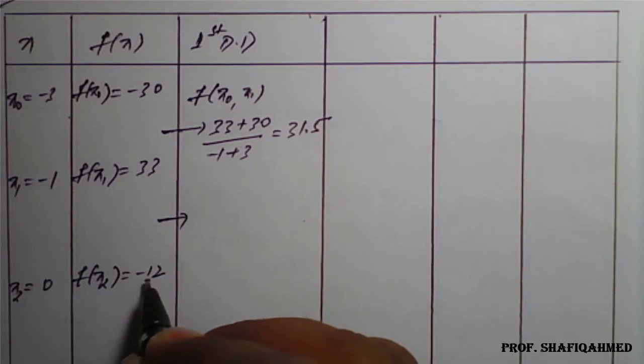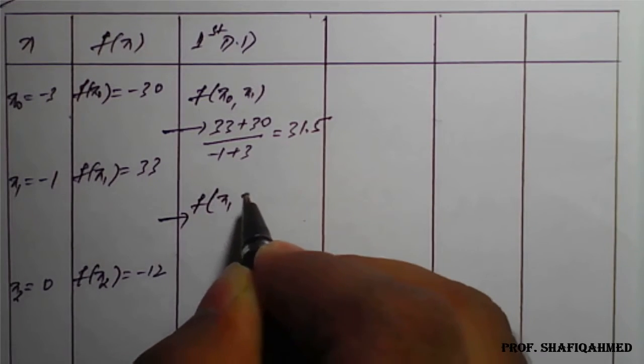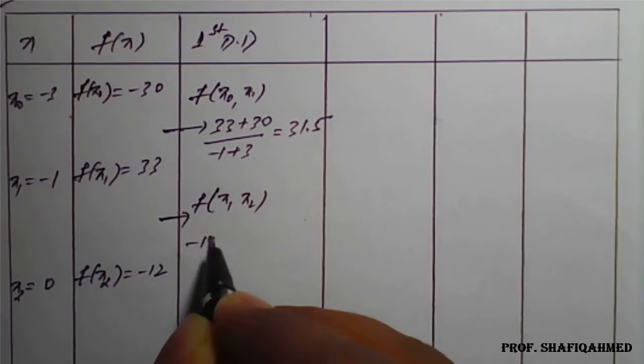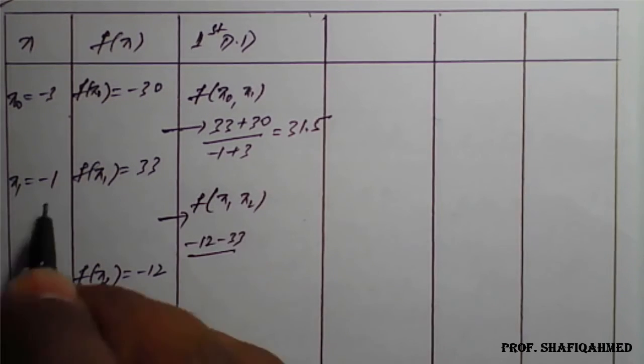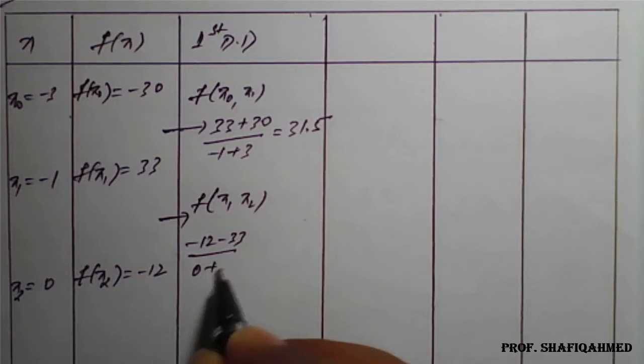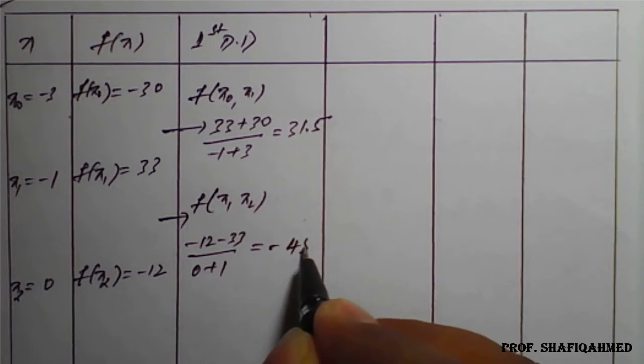Next, if you simplify, we need to get the value of f of x1 comma x2, that is -12 minus 33 divided by x2 minus x1, that is 0 minus of -1, so 0 plus 1, so the resultant will be -45.